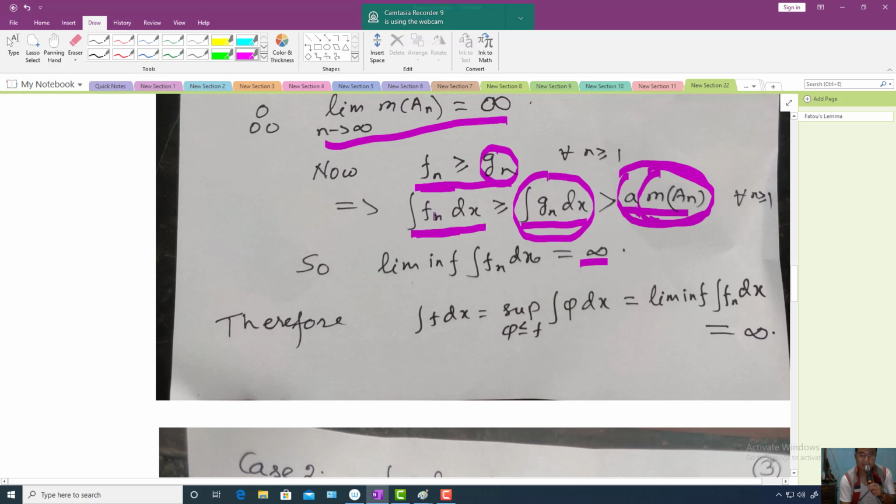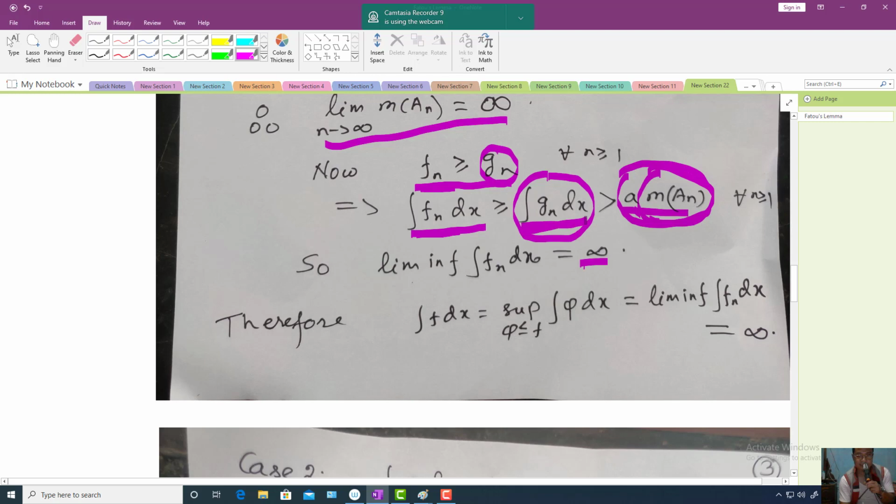So you have the integral of f_1 dx, f_2 dx, f_3 dx, a sequence of such real numbers. Therefore the limit infimum of the integral of f_n dx is going to be infinity when n tends to infinity.